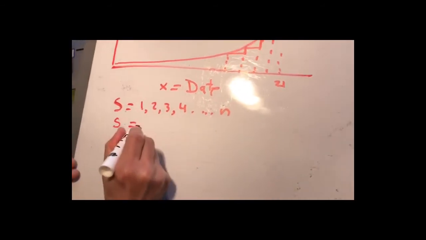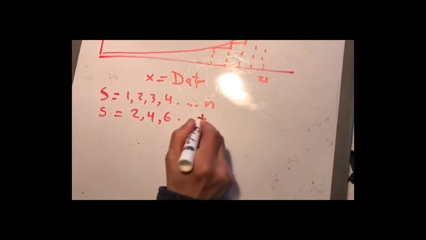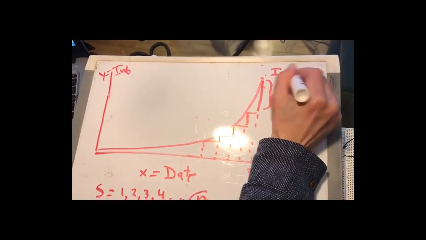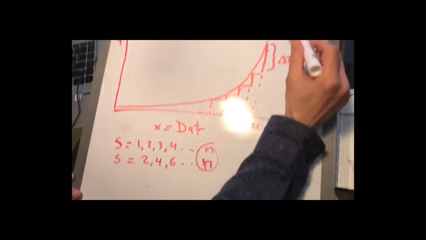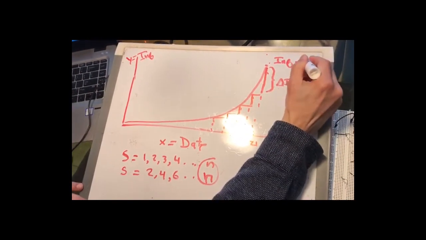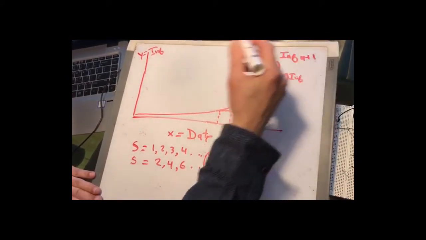For example, I can increase by 2. But what I want to find is this n. I want to find the infected n, and it's going to apply the same concept. It's the infected n plus 1, because it's the next day, minus the day before.